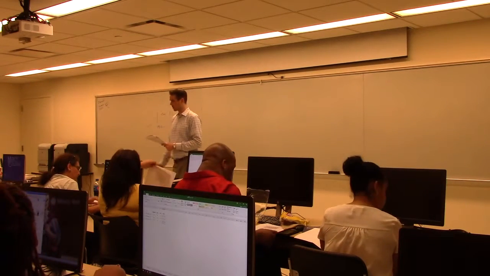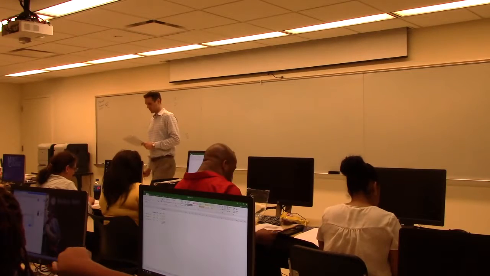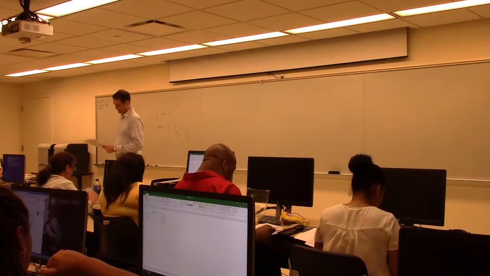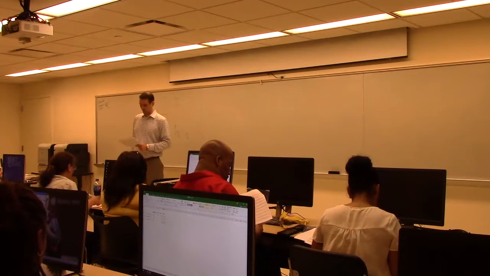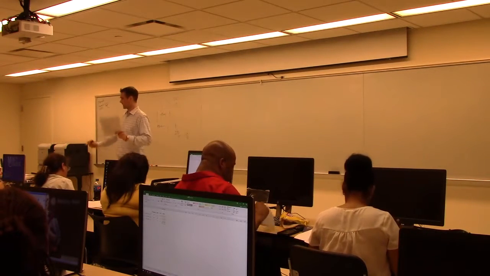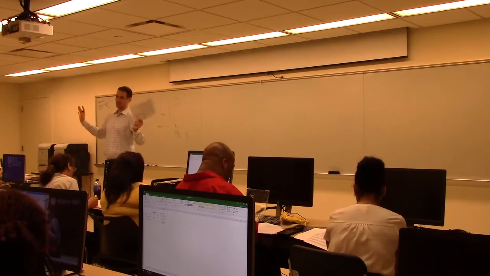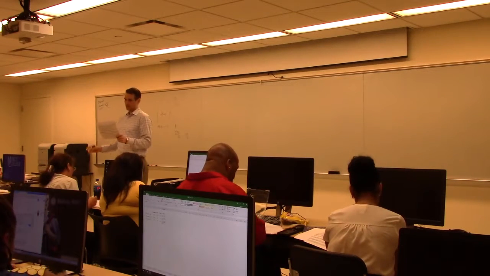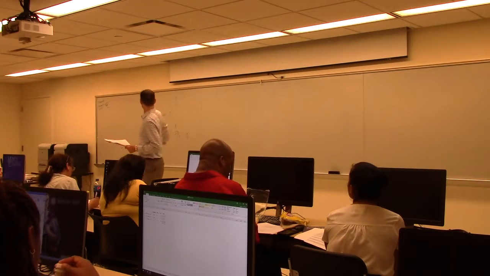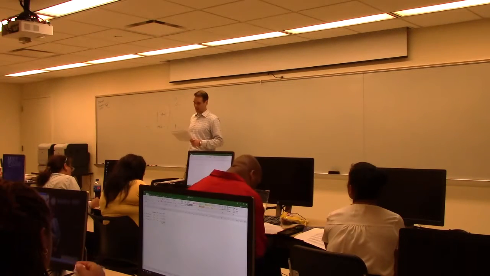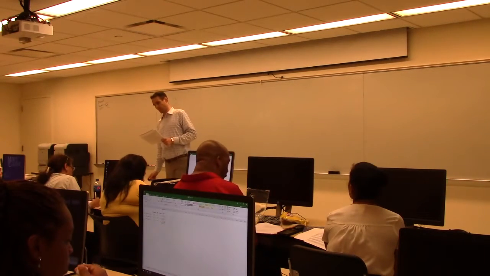You see that Z-score? The Z-score is X minus mu divided by sigma. So X is a certain test statistic, mu is the mean, the average, and that sigma sign is the standard deviation.